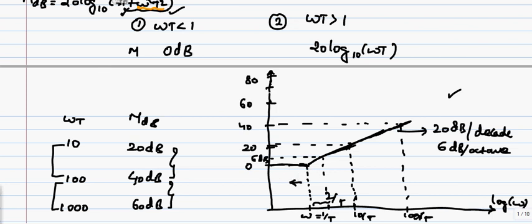But let me pick a different color to differentiate this. It is going to be 0 dB till omega less than 1 by t, and when omega equals 10 by t, it is going to be 40 dB. Let me draw this. And when omega equals 100 over t, it is going to be 80 dB.